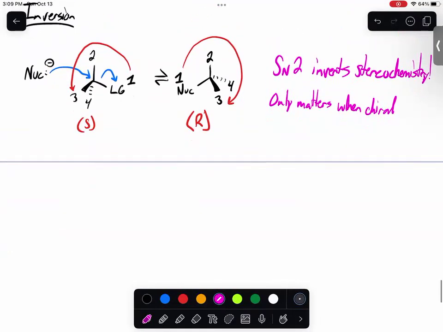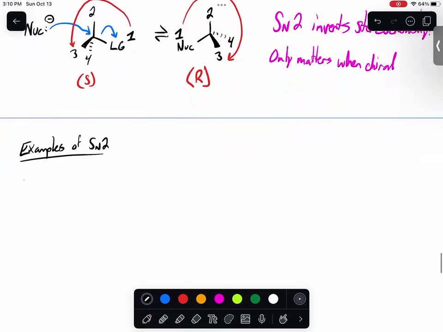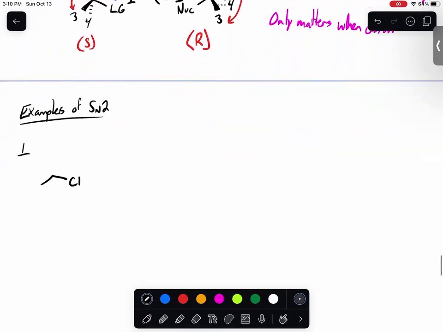All right, so let's hop in and look at a couple examples so that we can get a good idea of what the reaction looks like in practice. All right, so we'll do some examples of SN2. Okay, for the first one, let's say that we have this right here. We have a chlorine attached to this alkane, and it comes in with some sodium hydroxide and THF.